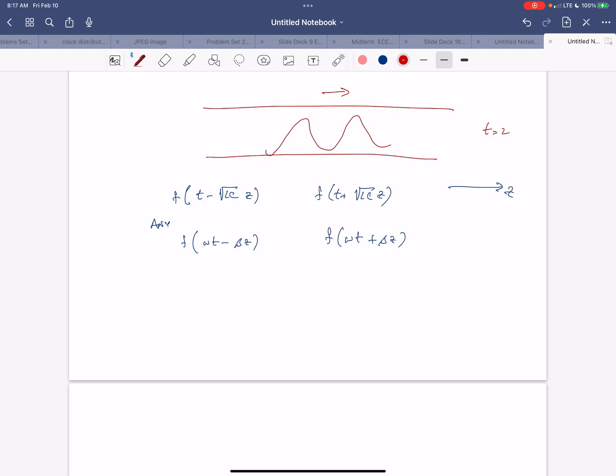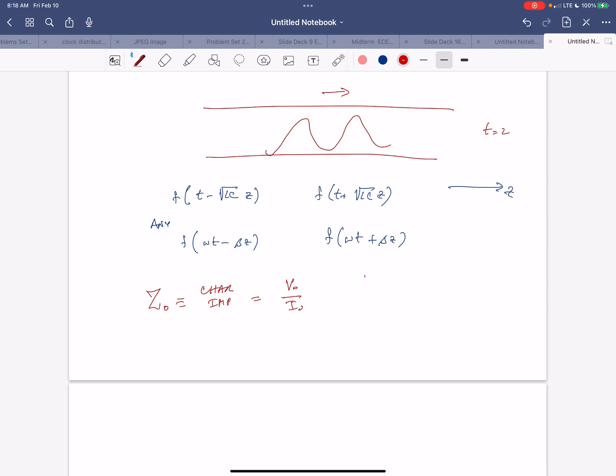The last thing I wanted to mention as part of the review is this notation. By the way, Z0, this characteristic impedance, is V0 over I0, the voltage wave divided by the current wave, which gives you the impedance, okay?